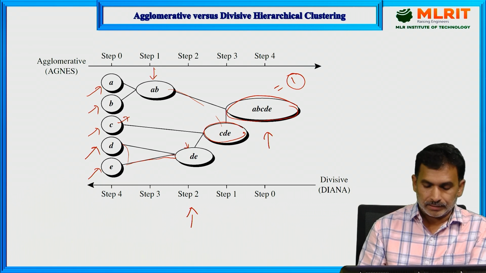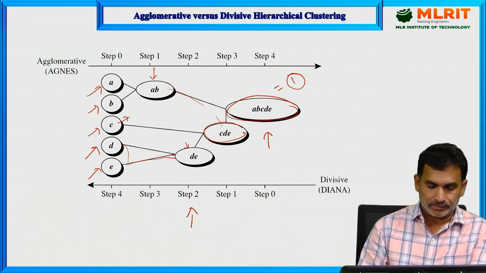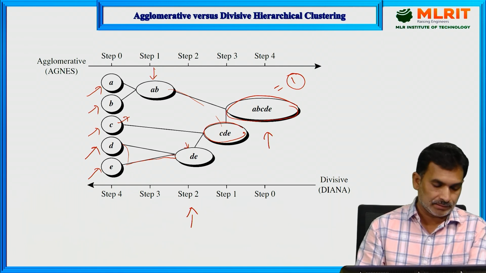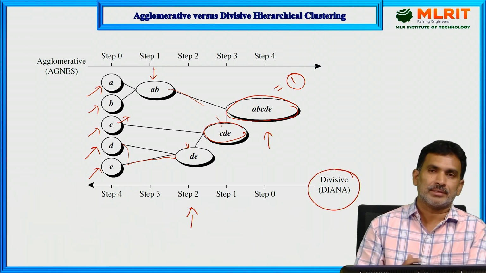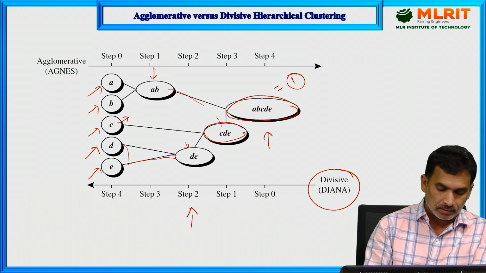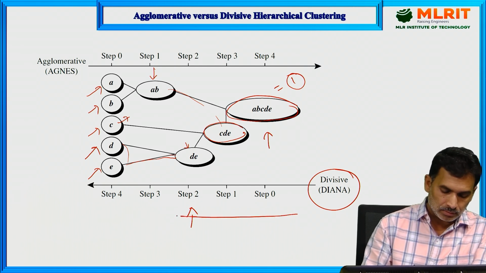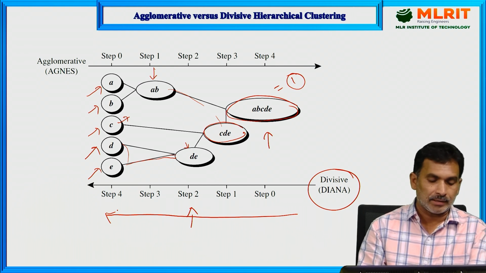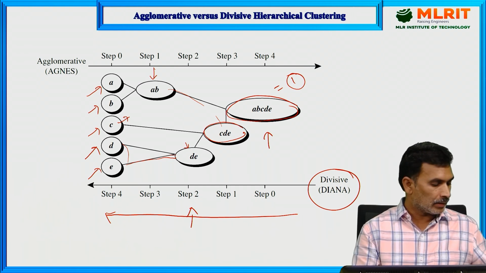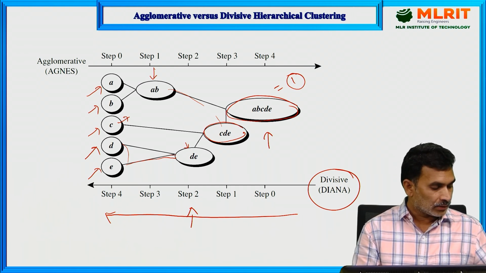Similarly, in the divisive method also, if you wanted 2 clusters, 3 clusters, or 5 clusters, so if the stopping criteria, the number of clusters specified, is 5, then it has to complete all the steps. Then we will be having 5 clusters. So that is the way the stopping criteria works.